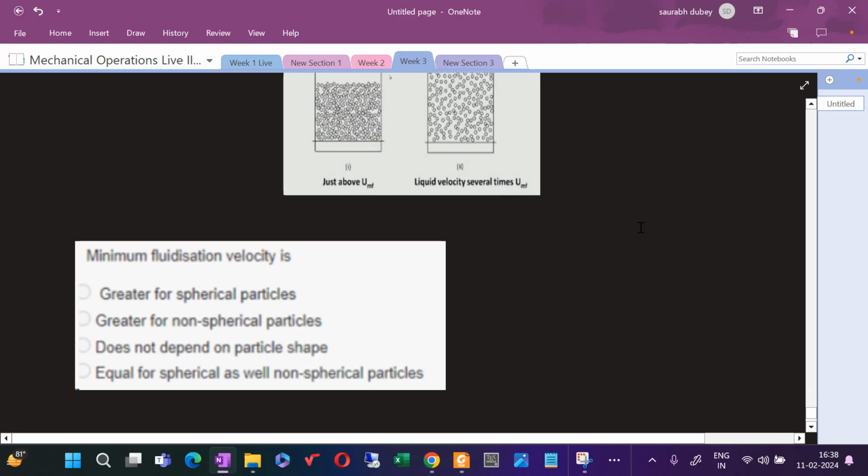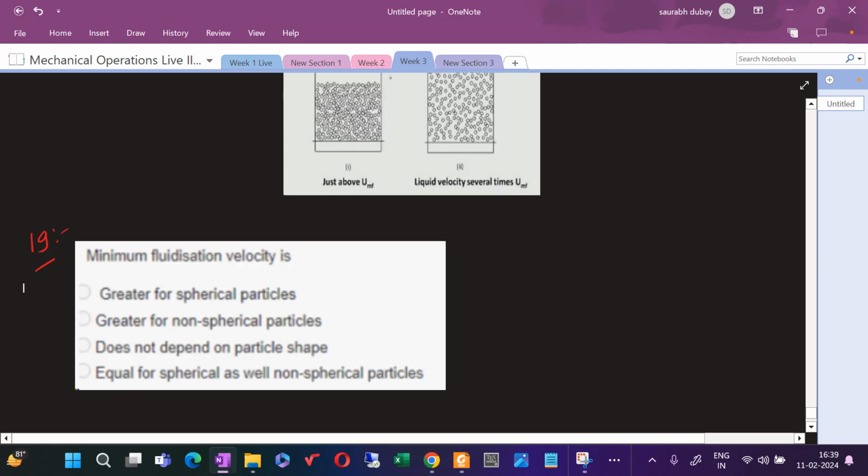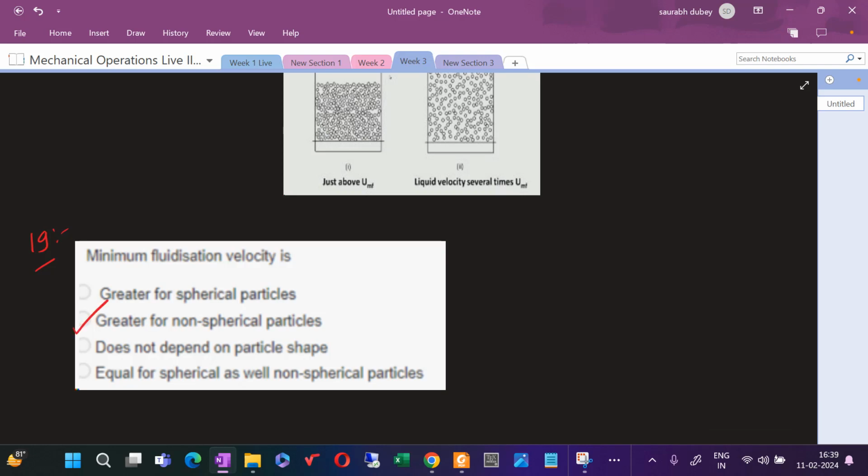Greater for the spherical particle, greater for the non-spherical particle, it does not depend on particle shape, or equal for spherical as well as non-spherical particle. Minimum fluidization velocity is greater for non-spherical particles. This has been discussed. Option B is the correct answer.